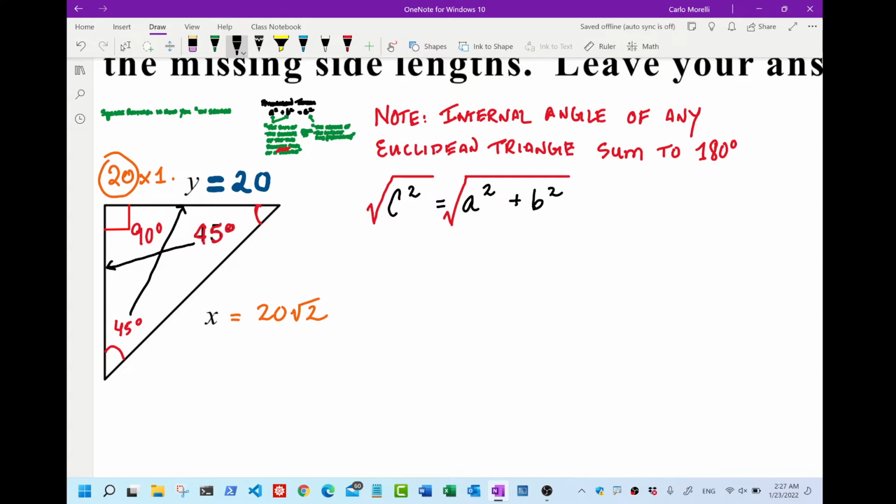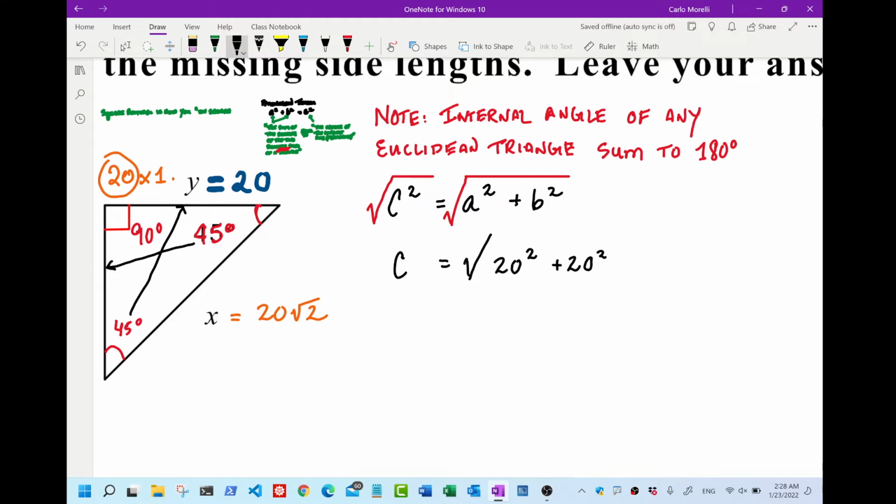Now we have numbers here. So we're presuming we don't know what c is, like the hypotenuse. When you unsquare something, you just get that thing. So this is just c now. That's going to be equal to the square root of, and now we can substitute. We were given x to be 20, and we found y to be 20, so we have 20 squared plus 20 squared.